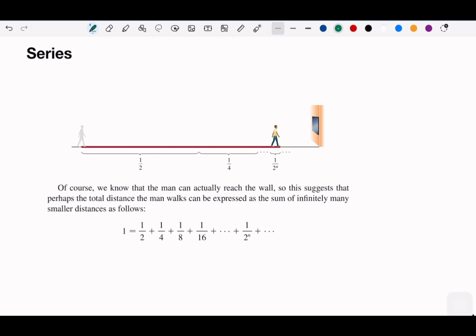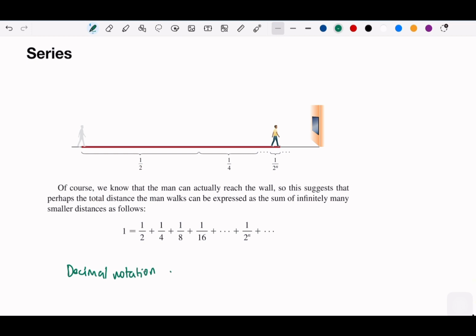Okay, so although Zeno still argued that it doesn't make sense to add these infinitely many numbers together, there are other situations that we can see from decimal notation.